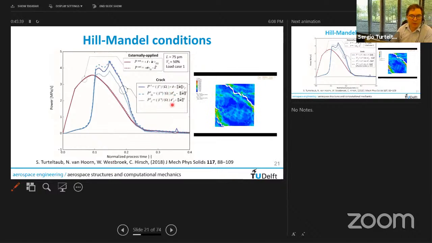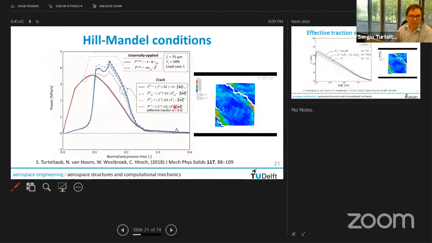However, if we do a linear combination between these two, and I'll show you the result for this parameter alpha equal to 0.4, we have a relatively good match. It's not perfect. It is approximate, but it's relatively good. It's much better than the two other ones.